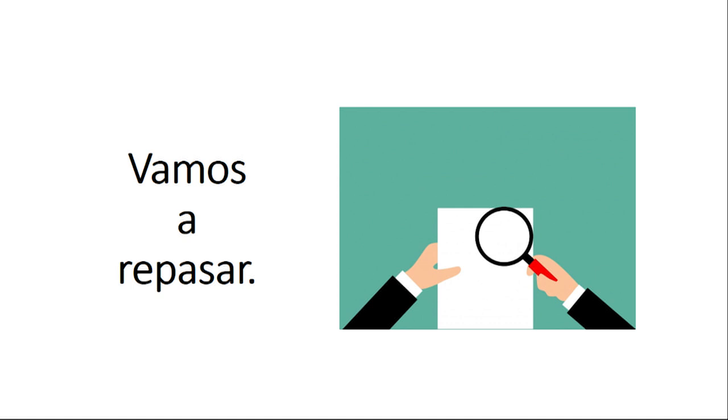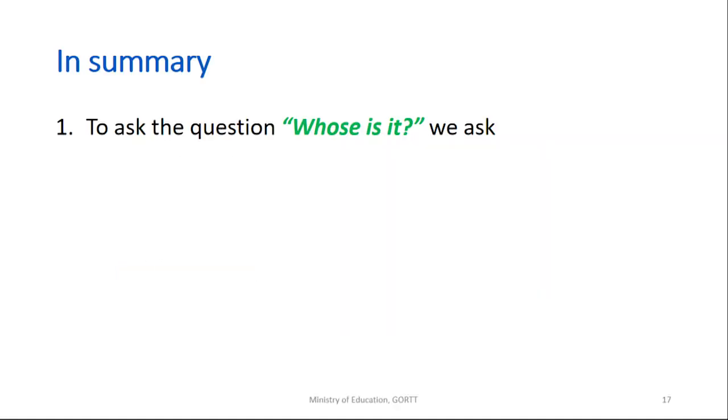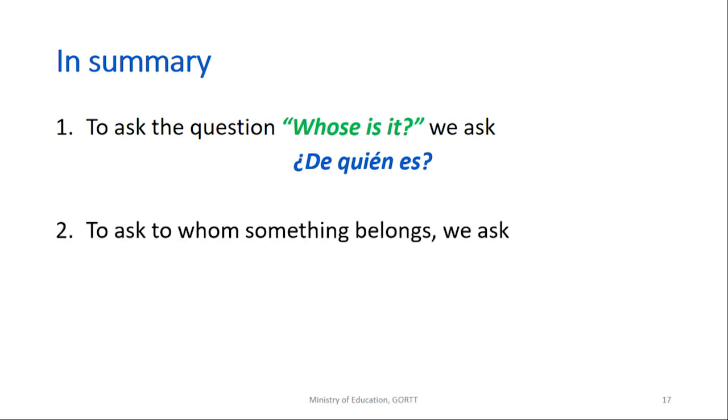Vamos a repasar. Let's review what we've done so far. So, we've learned that to ask the question, whose is it, in Spanish, we ask, ¿de quién es? Repitan, ¿de quién es? Muy bien. We also learned that to ask to whom something belongs, we ask, ¿de quién es? followed by the object.